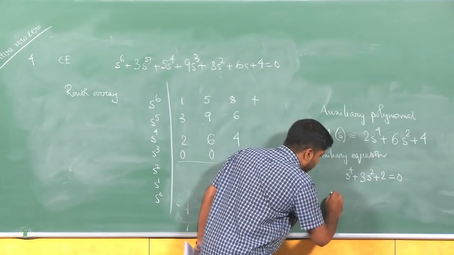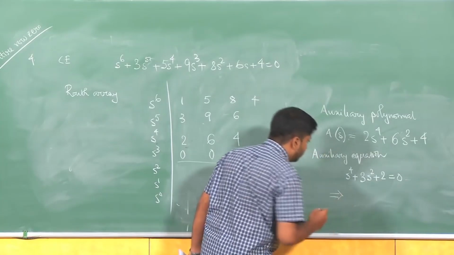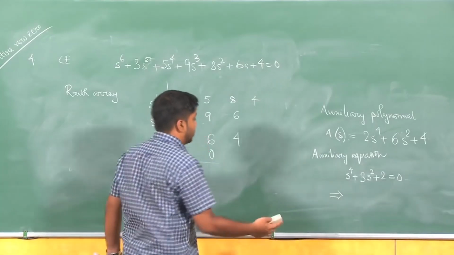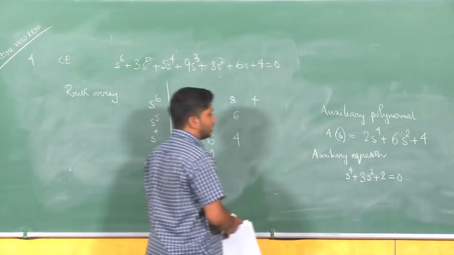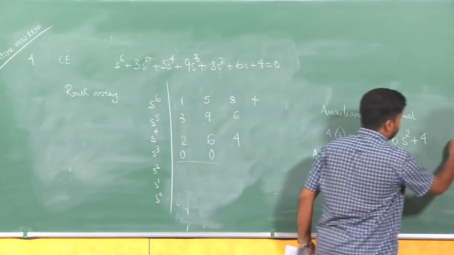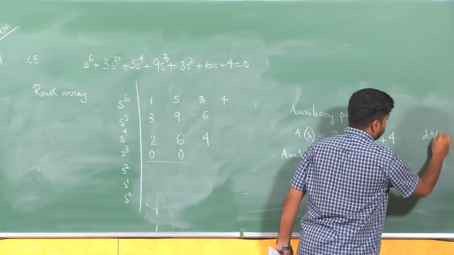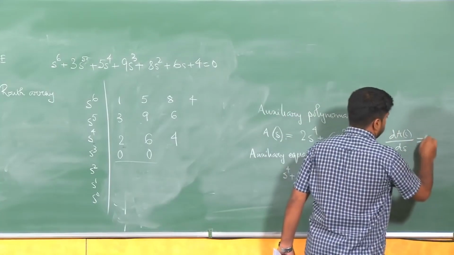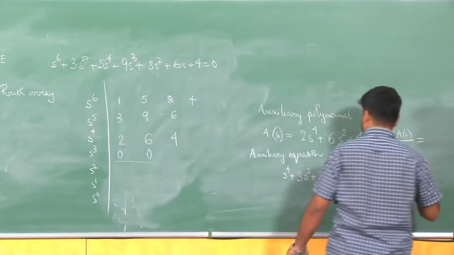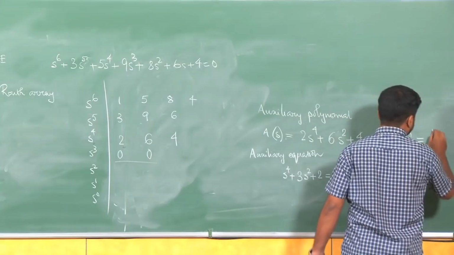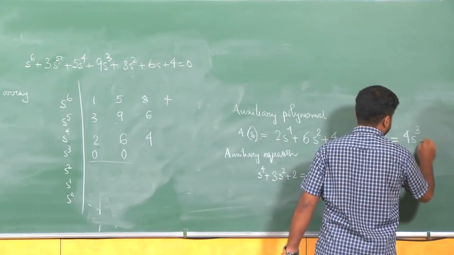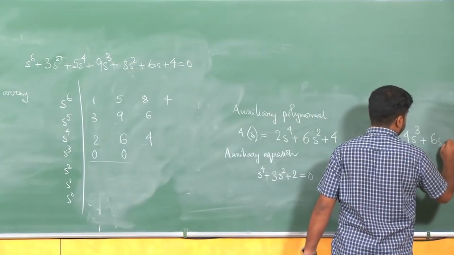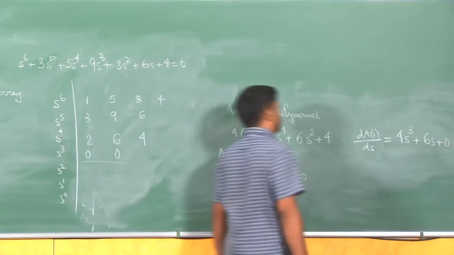So, what we now do is we find the derivative of the auxiliary equation, that auxiliary polynomial, that is dA(s) with respect to ds, that is 4 s to the power 3 plus 6 s plus 0. Okay.